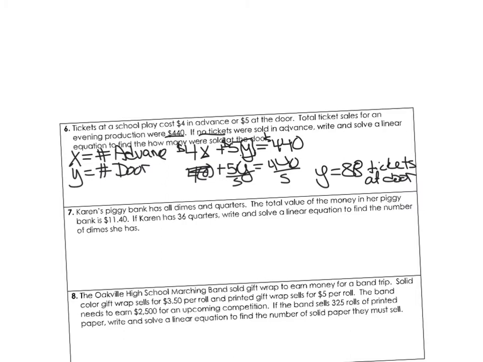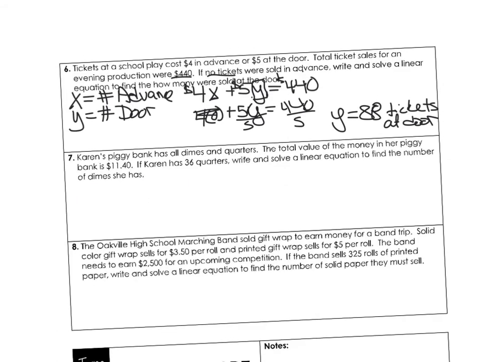Okay. All right, let's look at number 7. Karen's piggy bank has all dimes and quarters. The total value of the money in her piggy bank was $11.40. If Karen has 36 quarters, write and solve a linear equation to find the number of dimes.